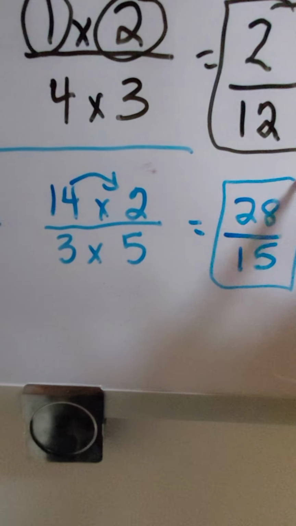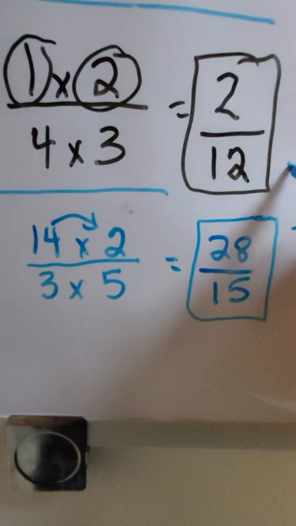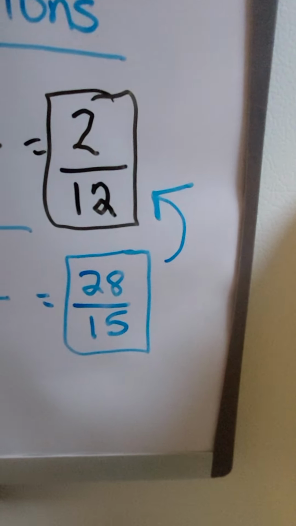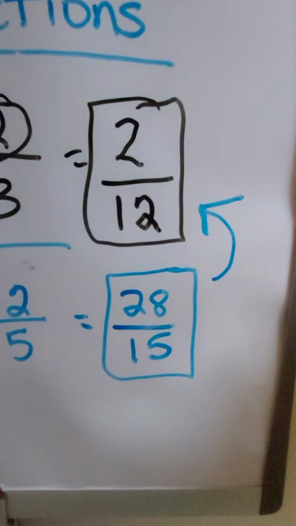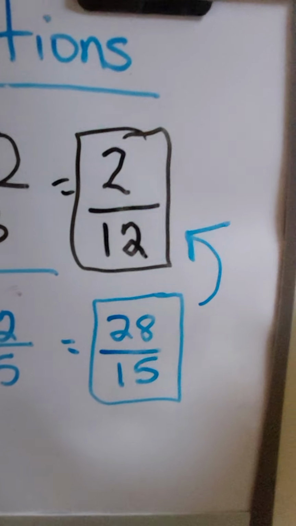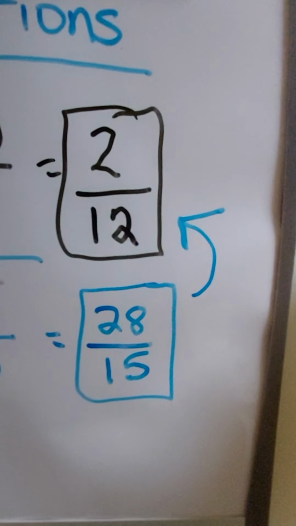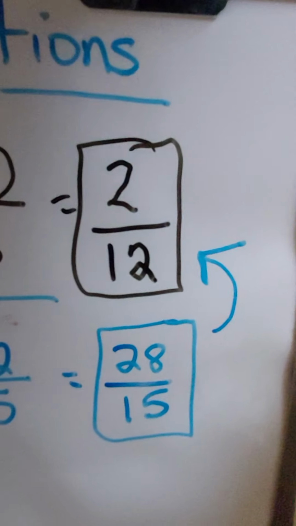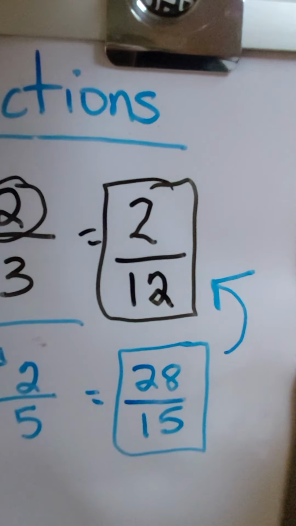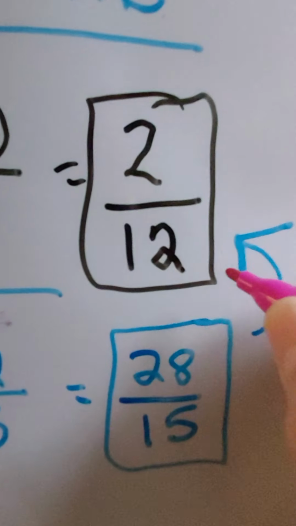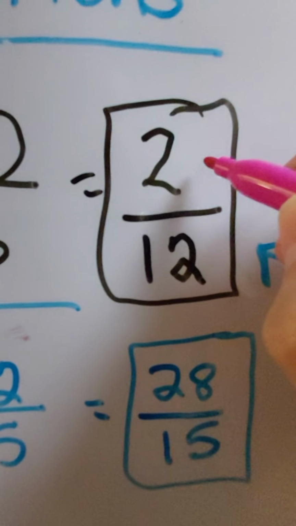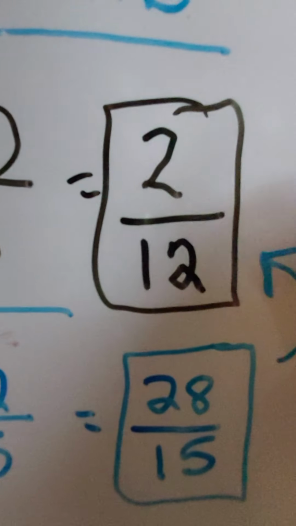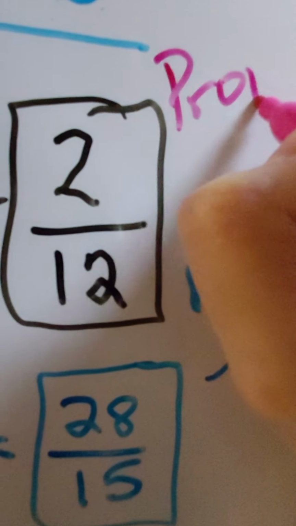And this type of fraction is different than this type of fraction. Can you see why? Something might look different to you other than just the numbers. This top fraction, which is 2 parts out of 12, as if you're eating 2 pieces of pizza, but there's 12 altogether, and you've eaten 2. This is called a proper fraction.